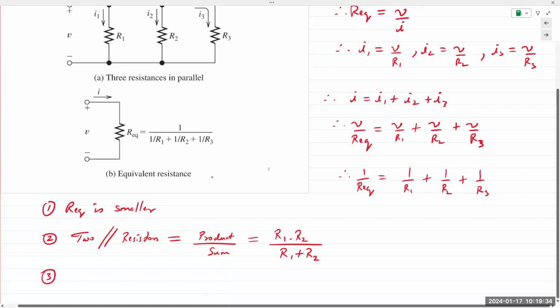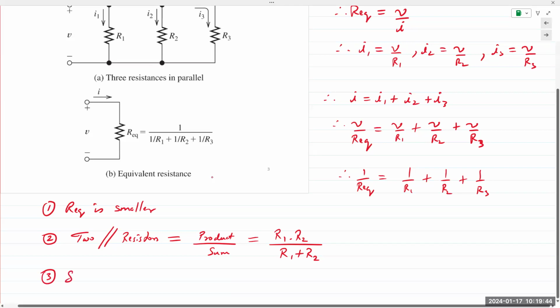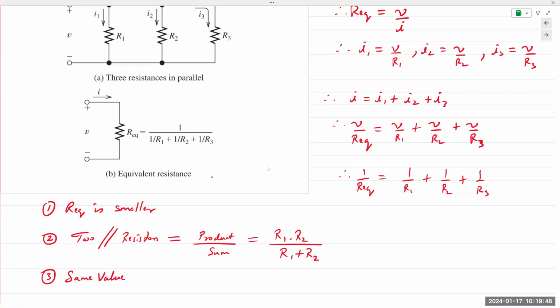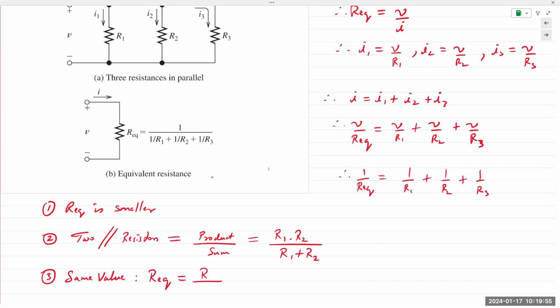And the third is if you have a parallel network of resistances and they all have the exact same value. Again, parallel resistors with same value. Then the Req is simply that resistor value R divided by N, or the number of resistors in parallel.